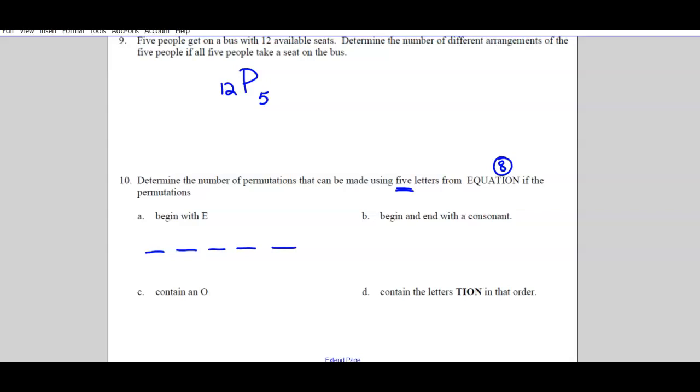So I do like to write it out myself. It has to begin with an E. So it has to equal E here, so there's only one E. Then you're left with 7 choices for the next, 6, 5, 4. You can show that as 7 P4.